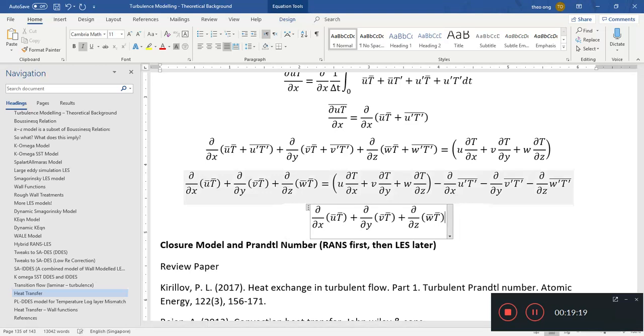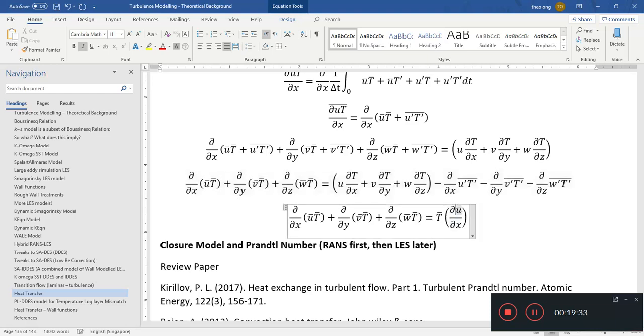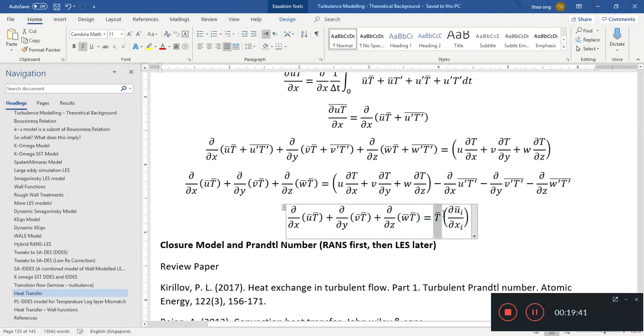Okay, we can have t bar, partial u bar, partial x. Or let me put it in Einstein notation, because I don't want to write everything out: u_i, x_i. That will represent t, del u, del x, del v, del y, del w, del z, the summation of these.